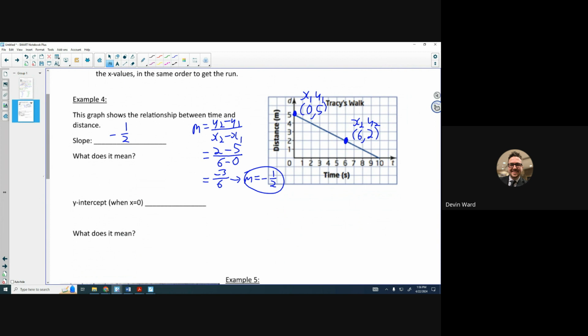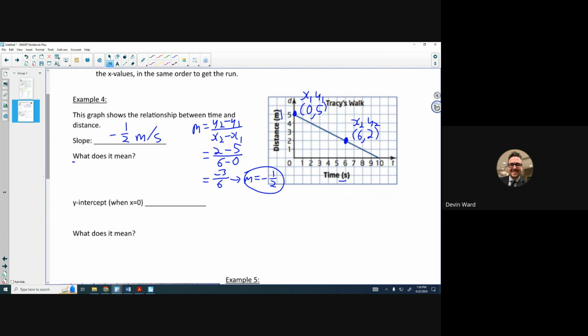We're going to look in terms of our actual units here. So my slope would be -1/2, and we always go the y unit over the x unit. So it's negative 1/2 meters per second, and this is Tracy's walk. So what does this mean?